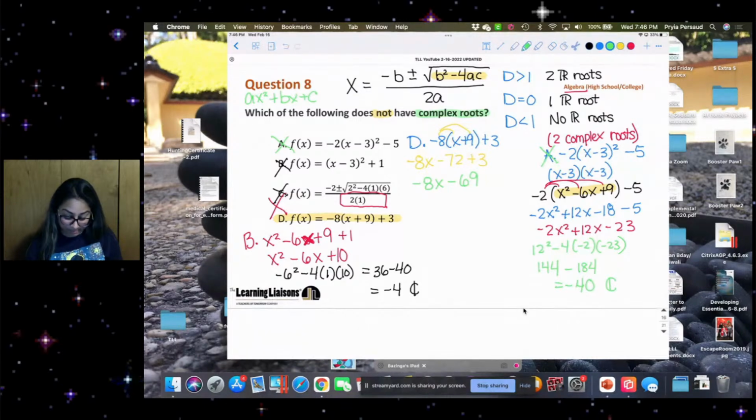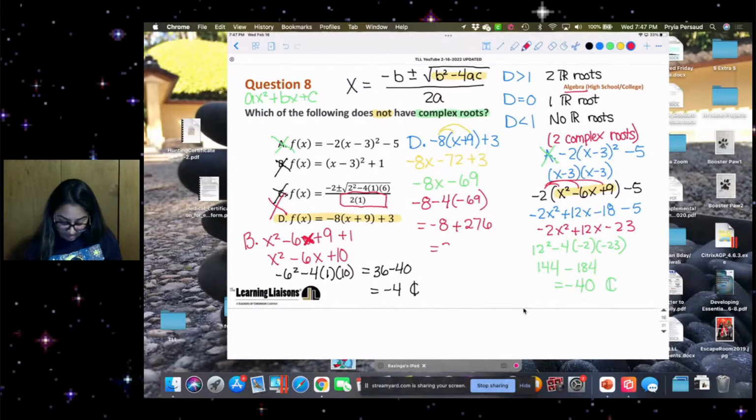Well, I only have a B and a C, so I'm going to plug in what I have. I'm going to have negative 8 squared minus 4 times nothing times negative 69. I'll get negative 8 plus 276.